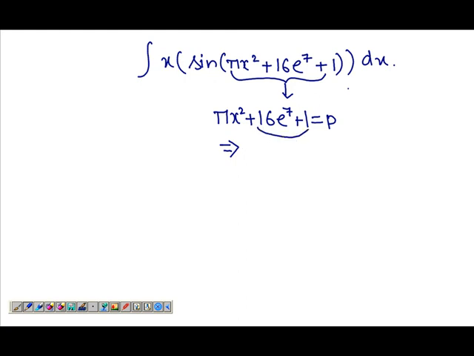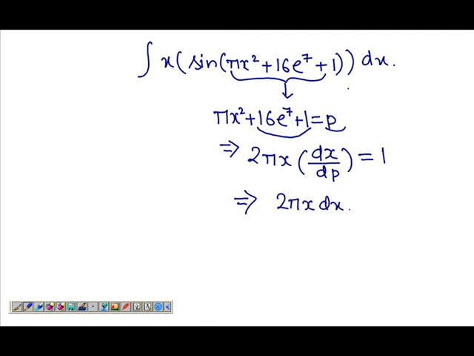this whole thing is a constant, so its derivative just vanishes. You're left with 2 pi x, and since you're differentiating with respect to another variable p, you get a dx over dp here, equal to 1, since the derivative of p with respect to p is 1. So 2 pi x dx equals dp, and hence, since I have x dx here, I'll find out what x dx is.